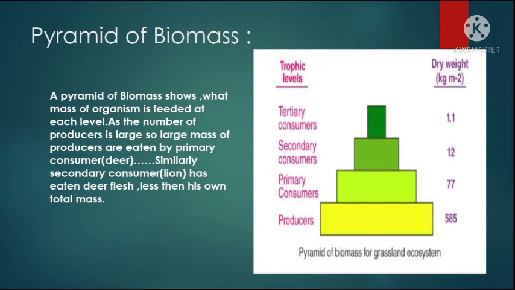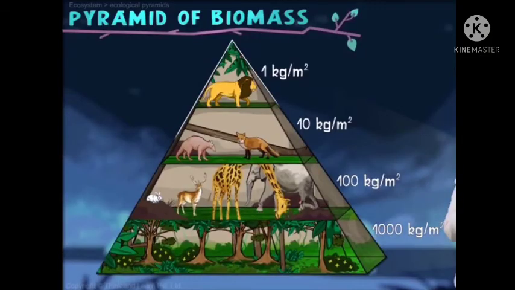Let us try to understand this by taking another picture. This is the pyramid of biomass of a forest ecosystem. So look carefully. We can see the trees and the grasses and all, all the producers, 1000 kilogram per meter square. So this much is the mass.